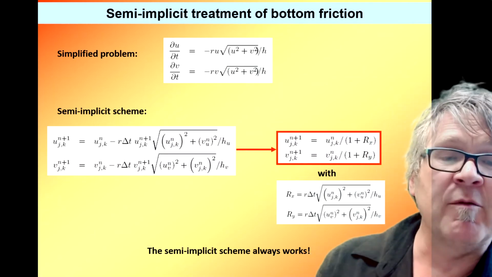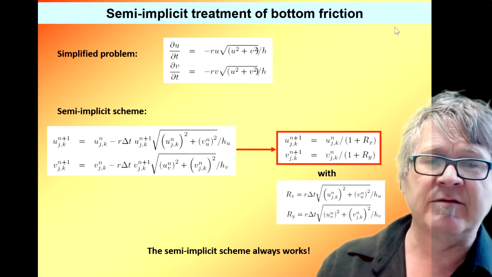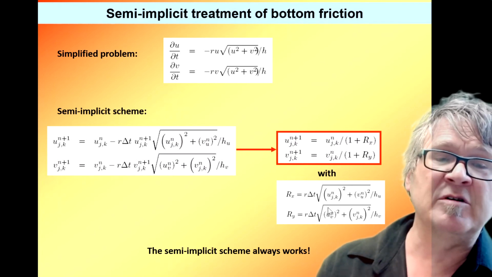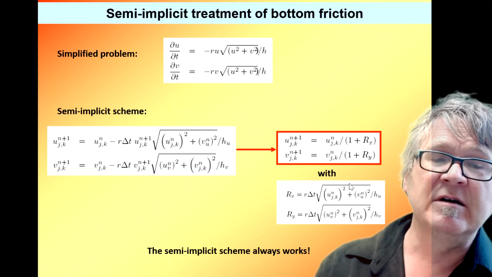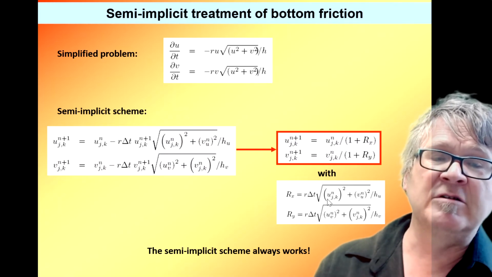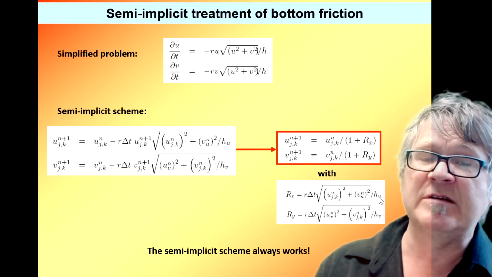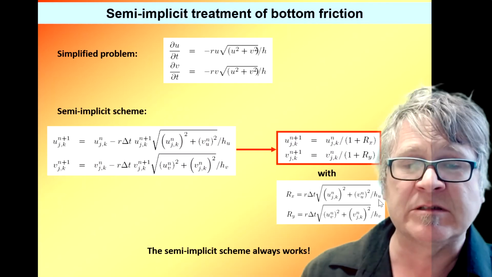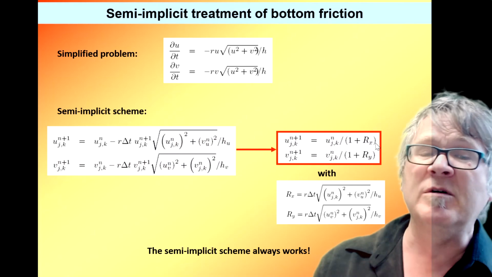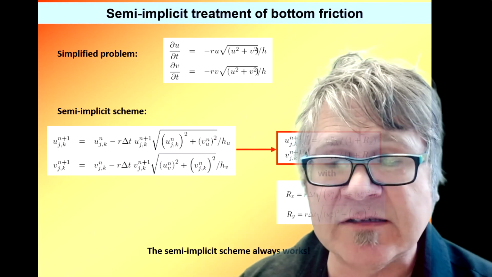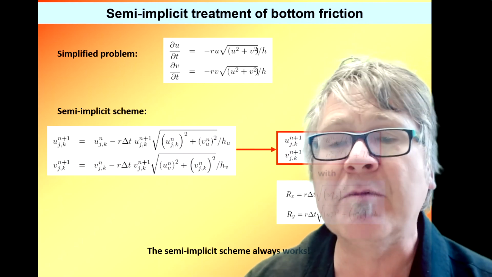You can look how it's formulated. Why is it always positive? Have a look. R is a positive parameter, delta t times f is positive. These ones here are squares. This is the velocity component squared, which is positive. Water depth is always a positive quantity. So it's always stable. So here there can be no weird things happening if you use the semi-implicit scheme.